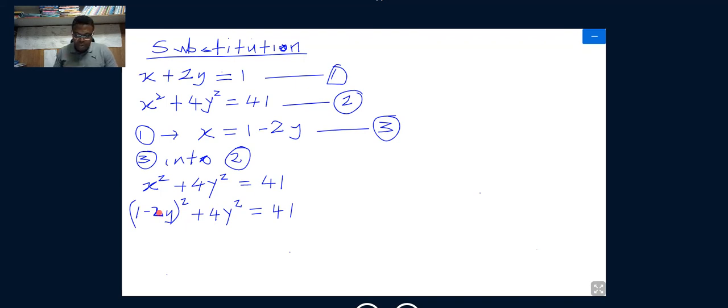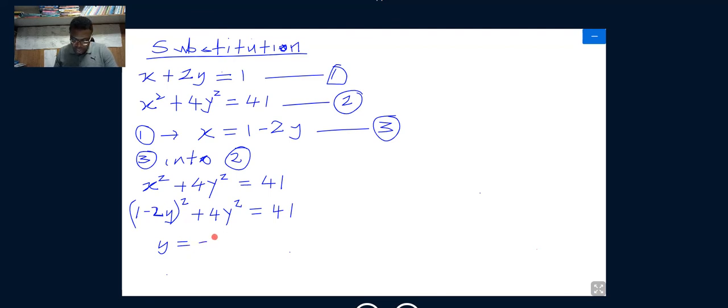What I'm going to give you are the final answers. Here you need to solve for y and take the value of y and substitute in one of the original equations. You can even substitute it in equation number 3. It's the easiest.